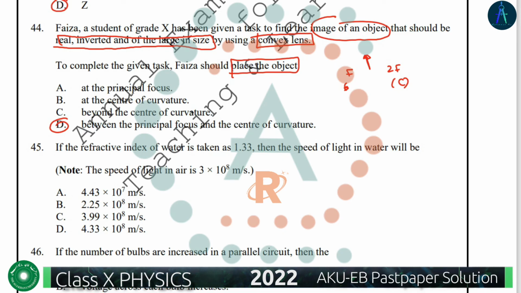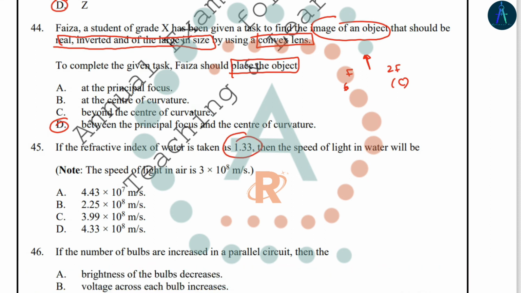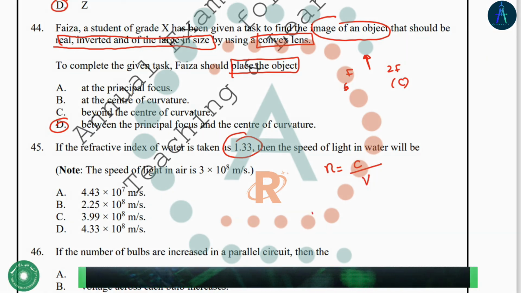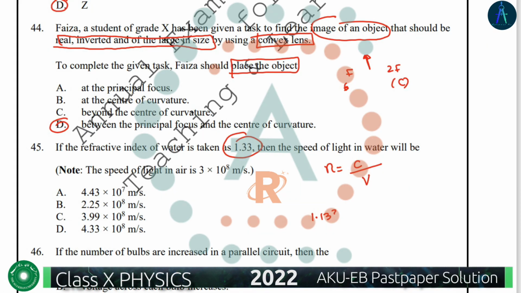The refractive index of water is 1.33 and the speed of light in water will be. So the formula is refractive index equals speed of light in vacuum divided by speed of light in medium. So n is 1.33 equals 3 times 10 raised to 8 meters per second divided by v.